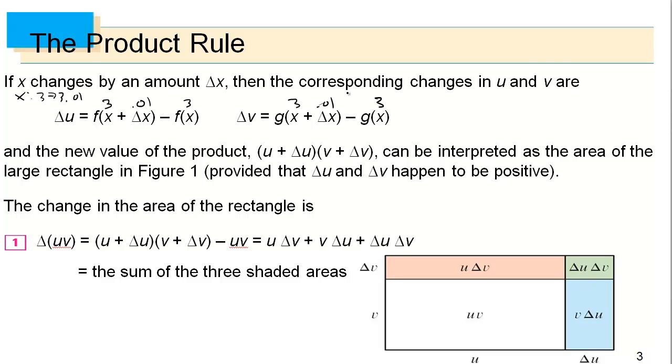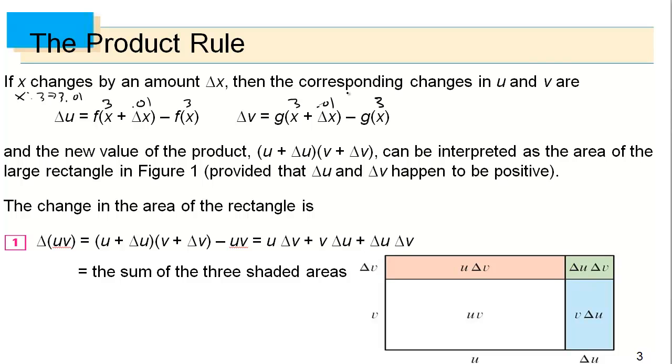So then, by substitution, the value of the product of u plus change in u times v plus change in v can be interpreted as the area of the large rectangle in our figure, provided that u and v happen to be positive, right?